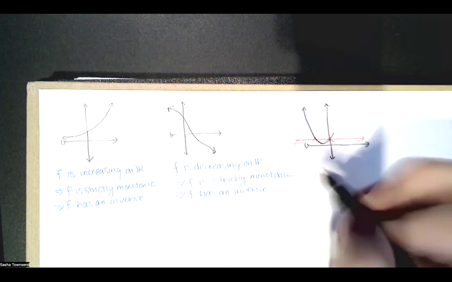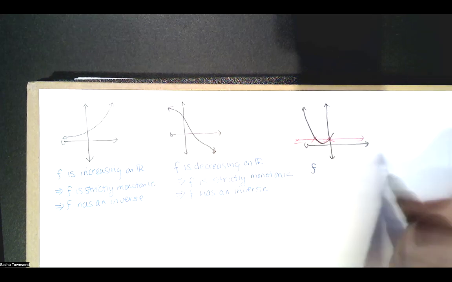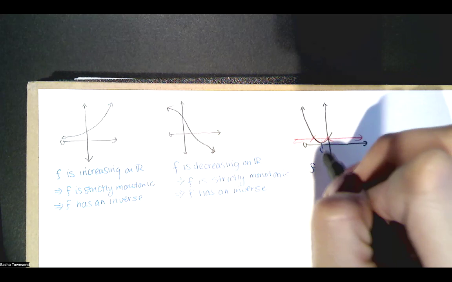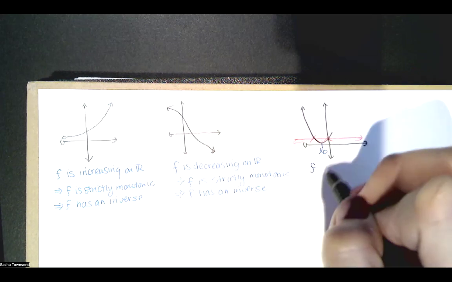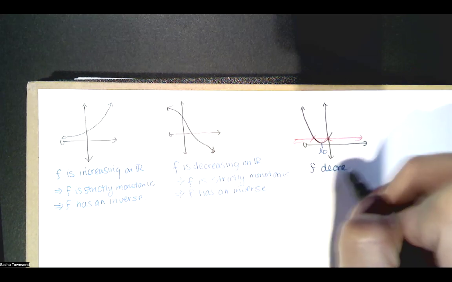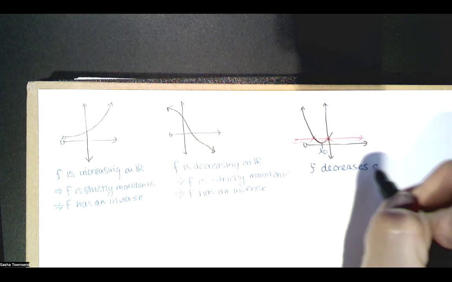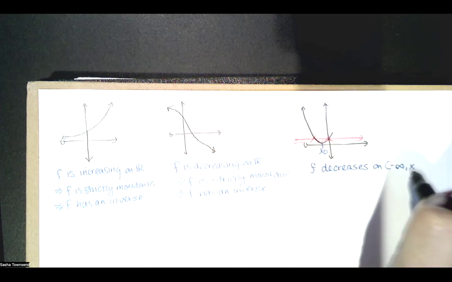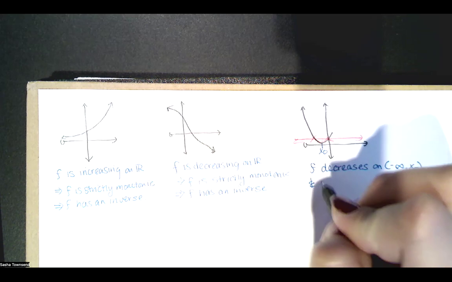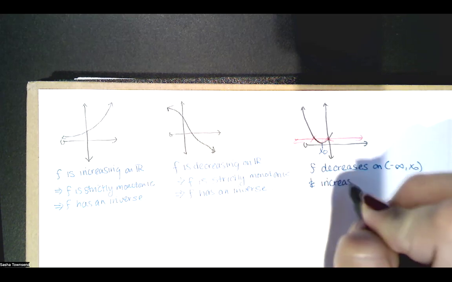So this function, let's say, I'll call this x naught, f decreases on negative infinity to x naught and increases shortly thereafter.